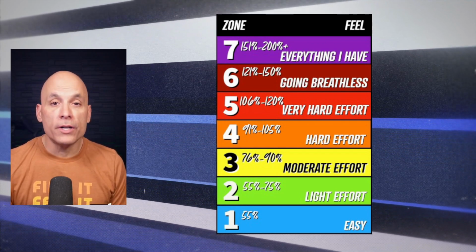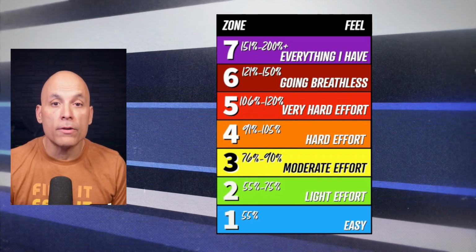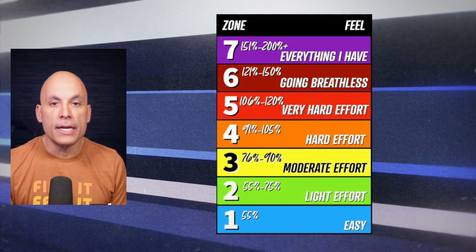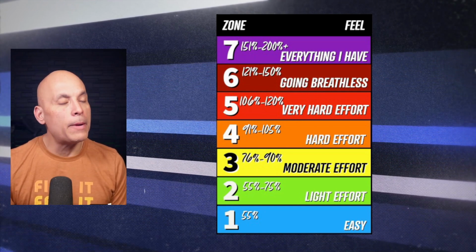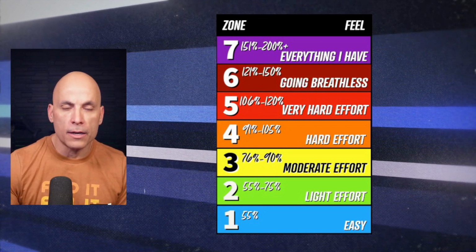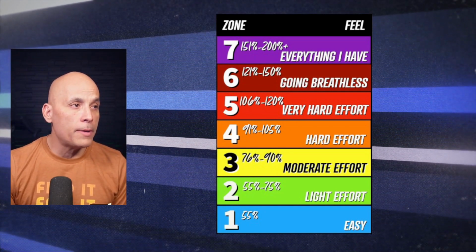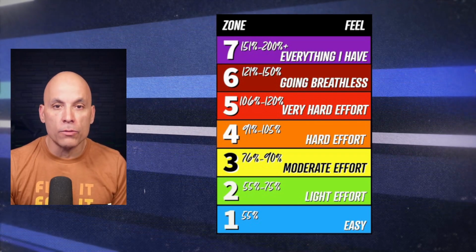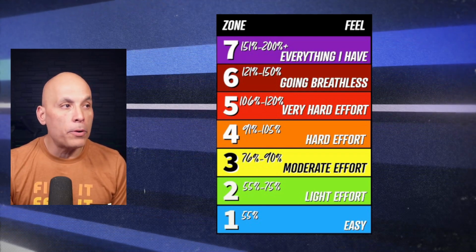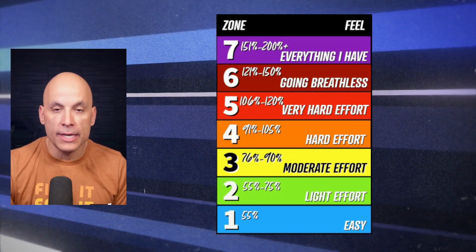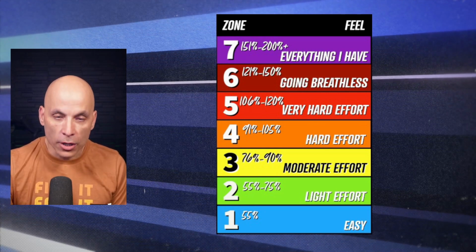Now your functional threshold power is zone 4. That is 100% of what you can do in 1 hour. Whoever created this, and I don't remember the person's name offhand, maybe somebody could comment below, determined that you're going to be in that functional threshold power place or power zone when your output is 91 to 105% of the test that you took. Okay.